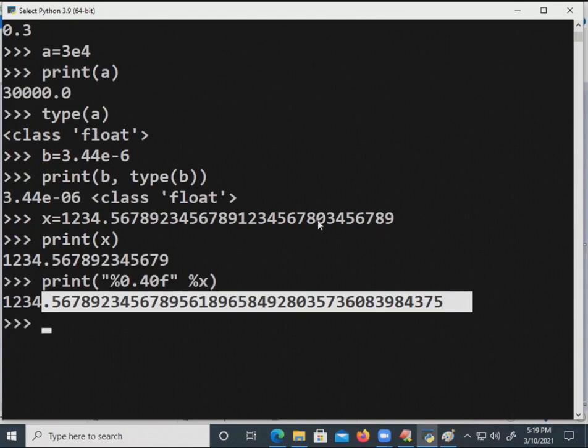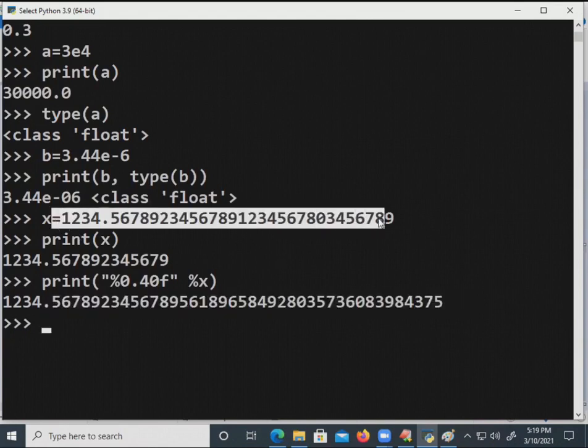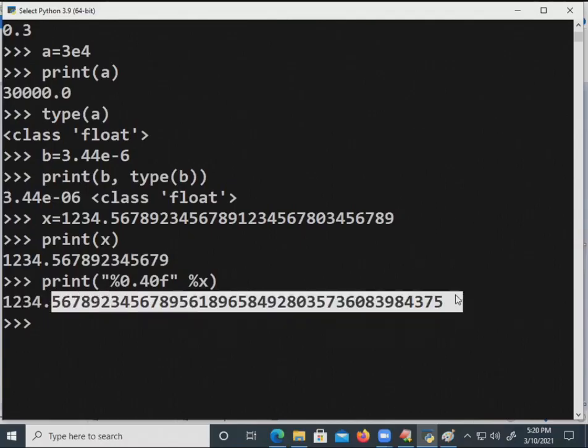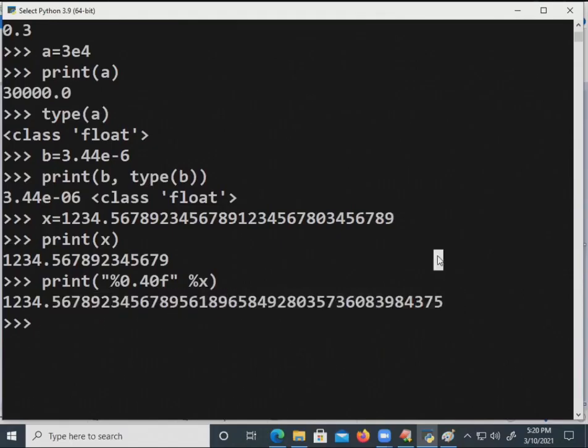About this floating point data type, I am going to discuss in a separate discussion how it is internally represented. There is some different type of calculation there.